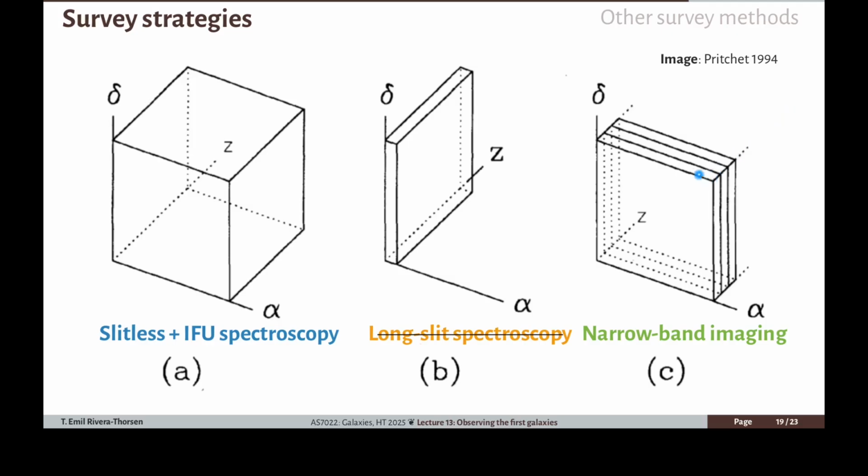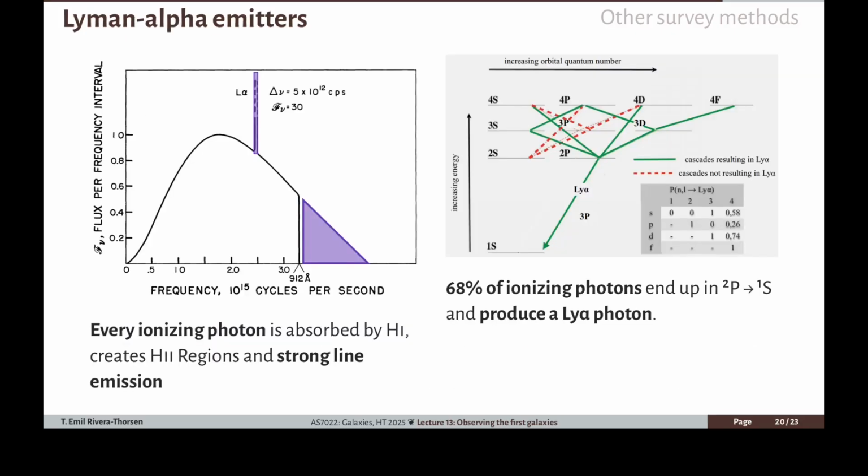This is a quite effective way of doing it, and has historically been, I think, the most popular and the most efficient way of finding many high redshift galaxies. In particular, it has helped us find a lot of so-called Lyman alpha emitters. Lyman alpha emitters are galaxies that emit, well, Lyman alpha.